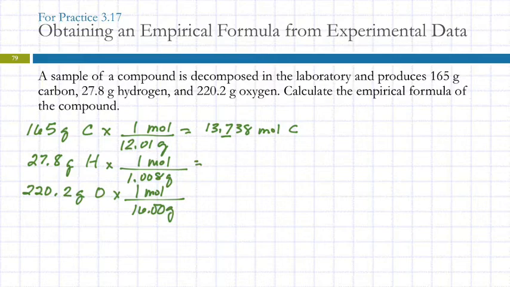27.8 divided by 1.008. So this is going to be 27.5, just writing down 2 extras, moles of hydrogen. And then we've got 220.2 divided by 16. 13.7625 moles of oxygen.